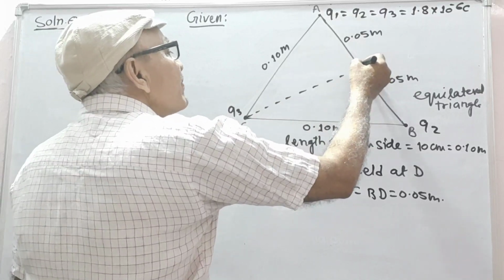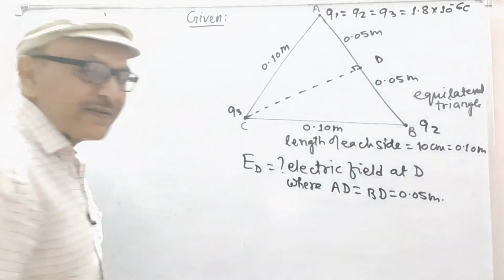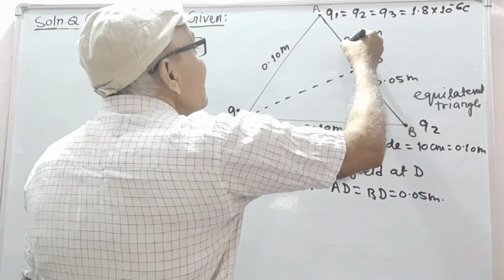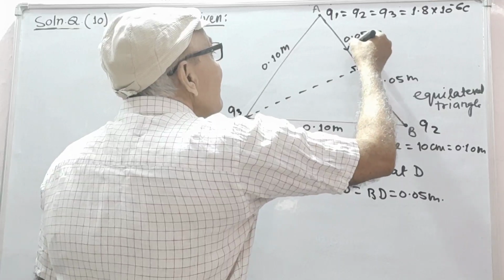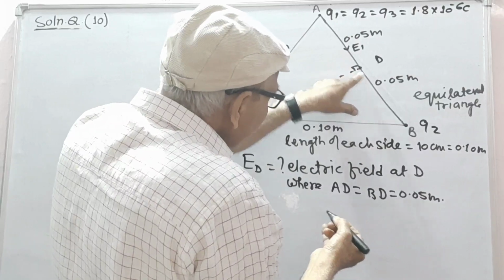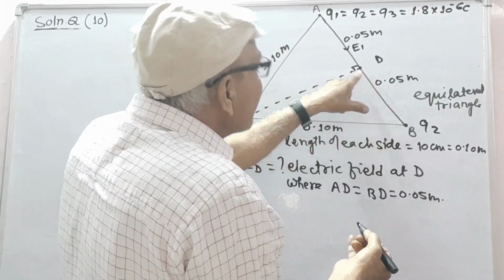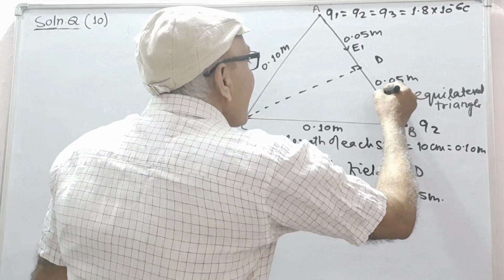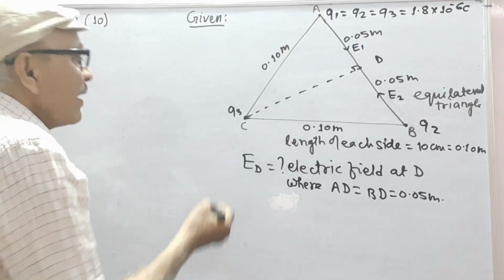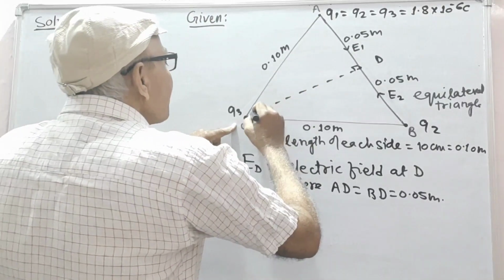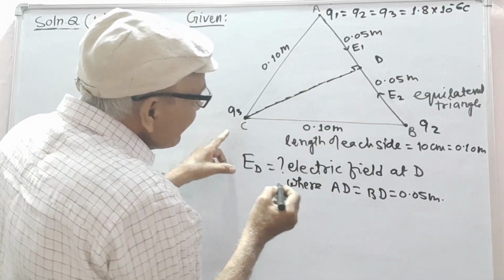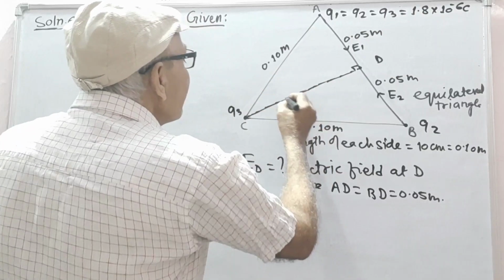We are concerned with the electric field at point D. So, its electric field, suppose is E1, will be directed outwards along D. Its electric field at this point will be also directed outwards from B, and its electric field will be also directed outwards from C to D.